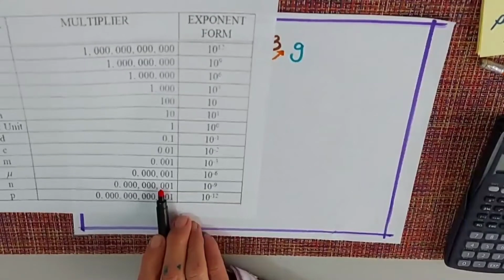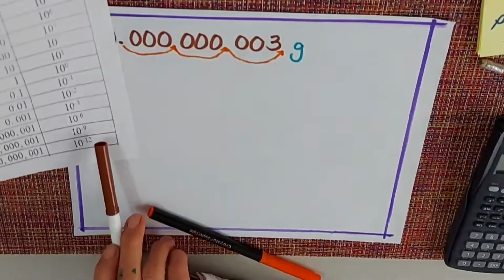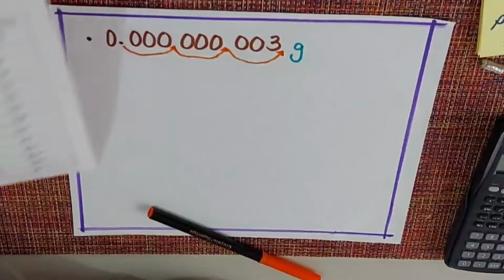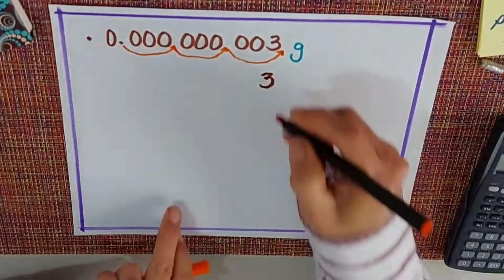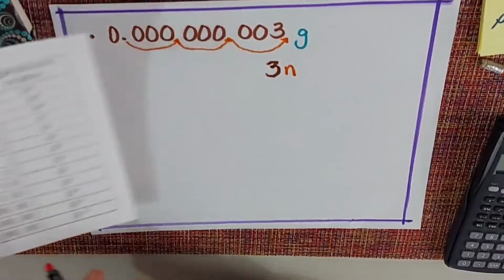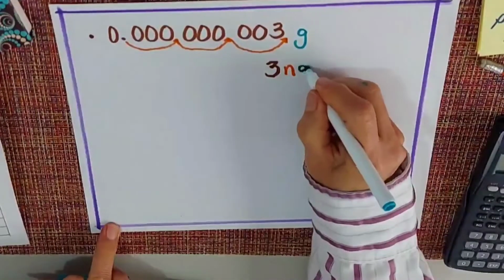Then we can write this number like this, because it's this exponent form and the prefix is nano. We write 3 nano with a small n, and then we are going to write the unit, 3 nanograms.